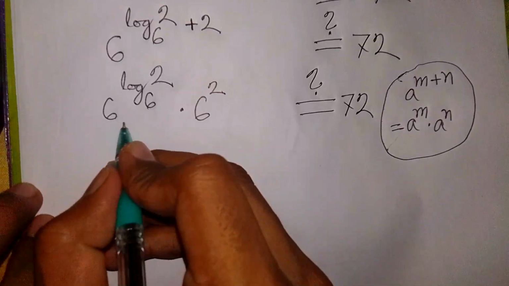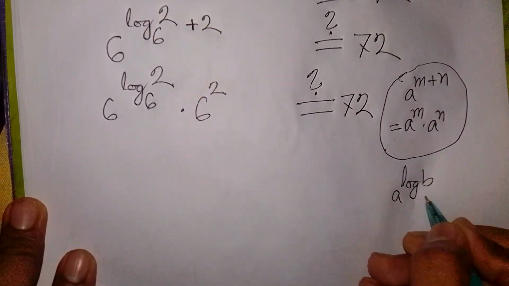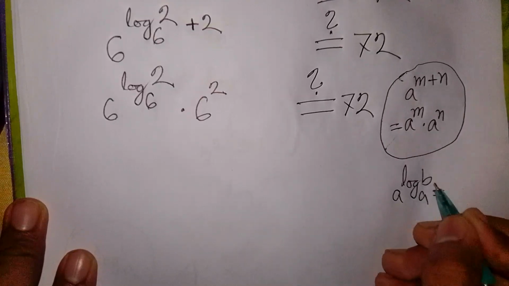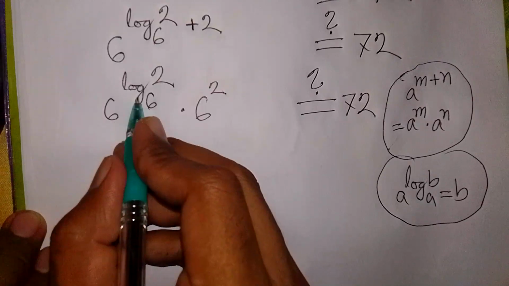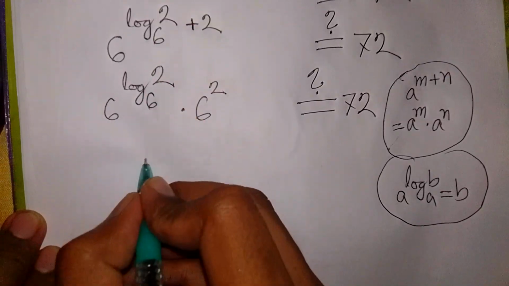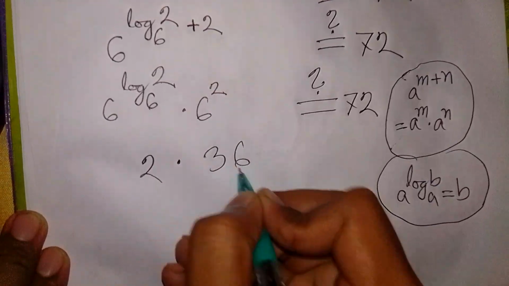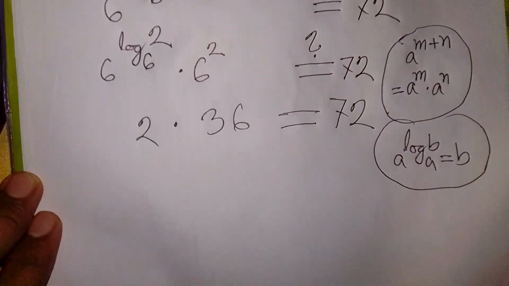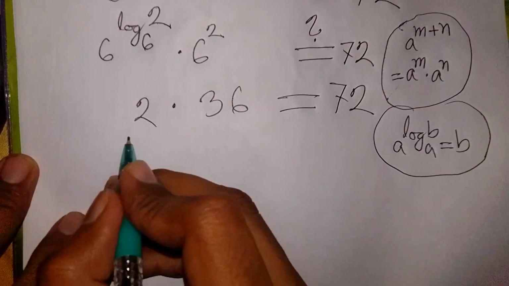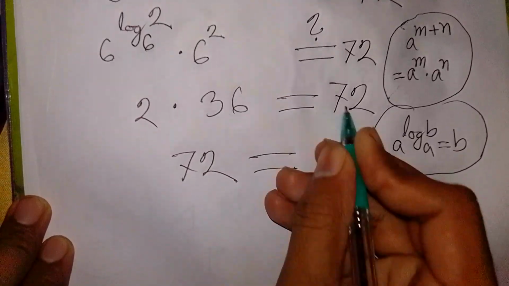Now here we apply this formula, a to the power log b base a is equal to b. So 6 to the power log 2 base 6 is the same as 2, times 6 power 2, which is the same as 36 is equal to 72. Now 2 multiplied by 36 is the same as 72. So of course 72 is equal to 72.